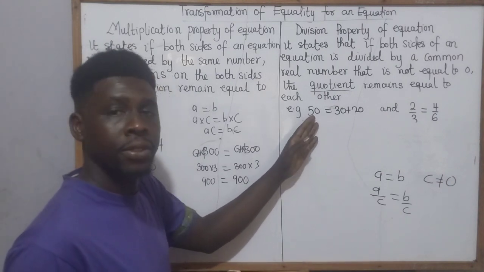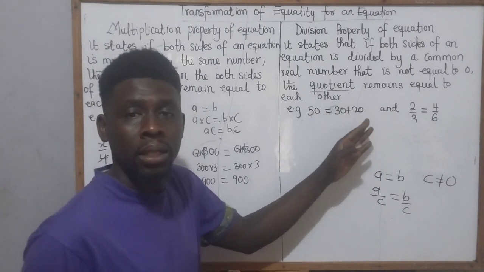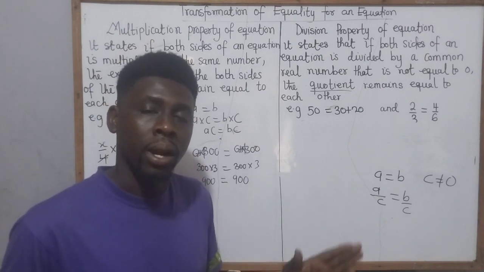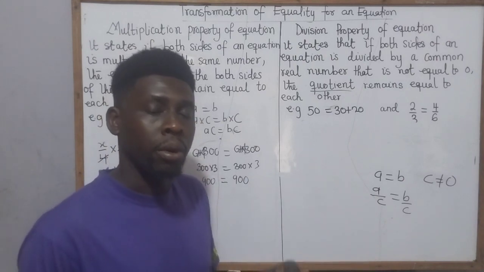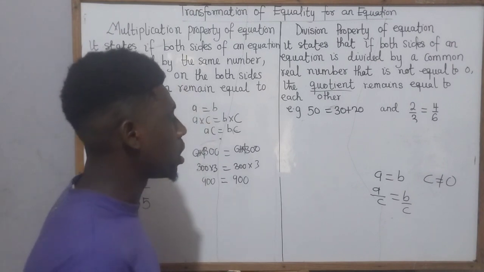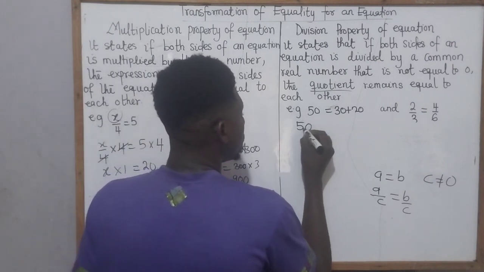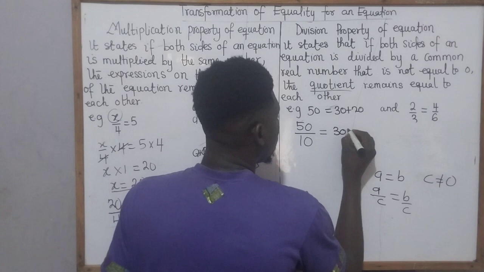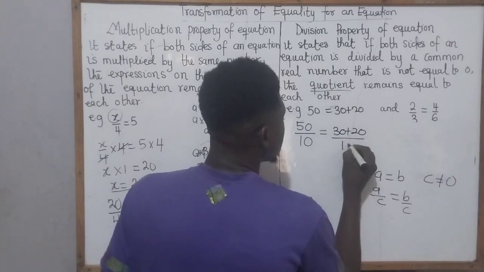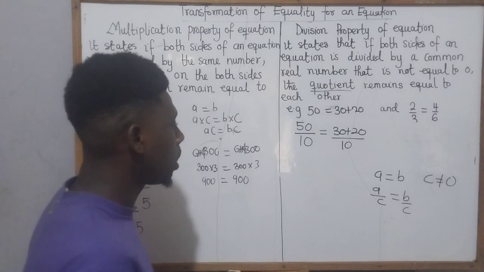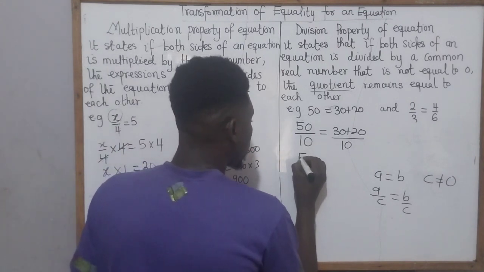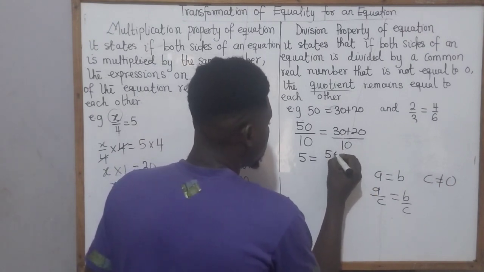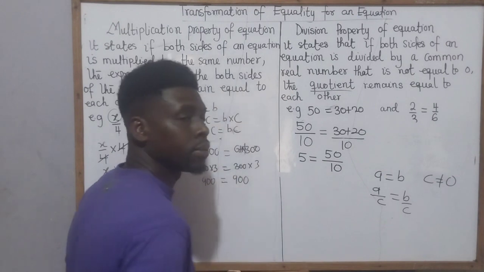So here I have 50 equals 30 plus 20. I'm going to divide the left-hand side and the right-hand side by a common real number which is not equal to 0. So 50 divided by 10, I pick 10, which is equal to 30 plus 20 divided by 10 as well. 10 goes into 50 5 times, which is equal to 30 plus 20 gives me 50 over 10, right?